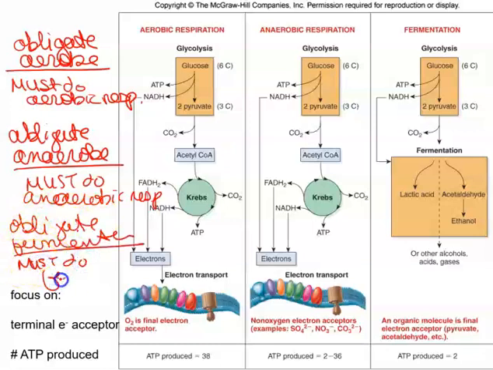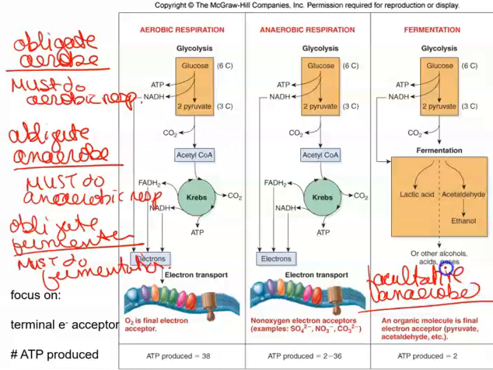do fermentation. However, there's always got to be one fancy outlier, and we'll say that there are facultative anaerobes. If you are a facultative anaerobe, you have your choice. You will do aerobic respiration when oxygen is present, or you can switch to fermentation when there is no O2 present.